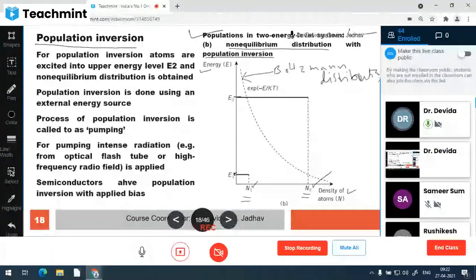So if I read this, for population inversion, the atoms are excited into upper energy level E2. How is it achieved? In thermal equilibrium, valence state atoms are more and conduction state atoms are less.